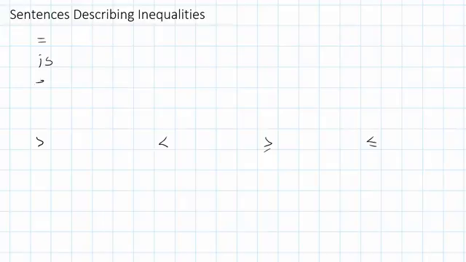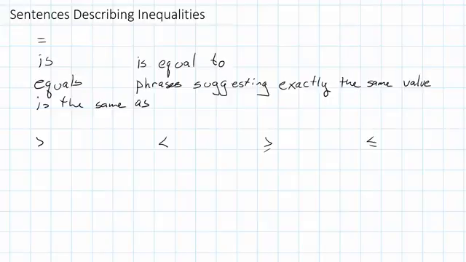The verb equals, and then all sorts of phrases can come after, like "is the same as" and "is equal to", for example. In general, for equality we have a variety of phrases suggesting exactly the same value. What do we have for these other symbols?